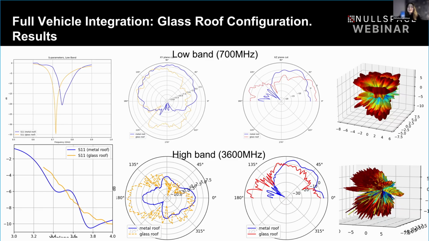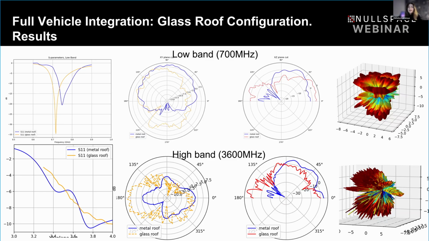And it also has a lot of different nulls that we really want to know about, because those nulls are where we will not get any signal. For example, if we need to have signal in that direction, and then we have a null there because of some configuration of our roof, we really want to know that.